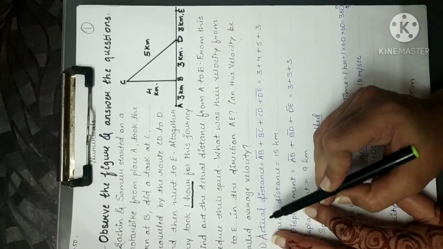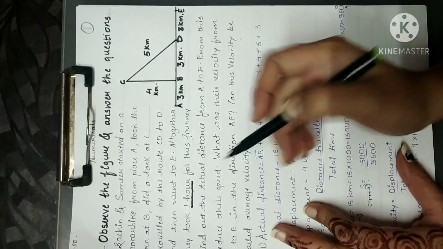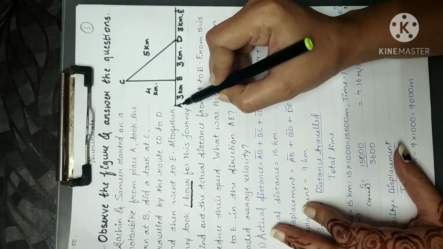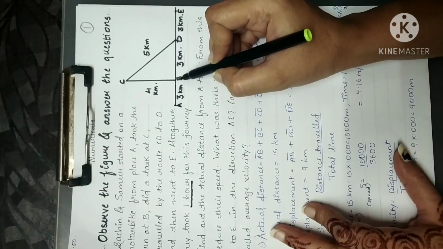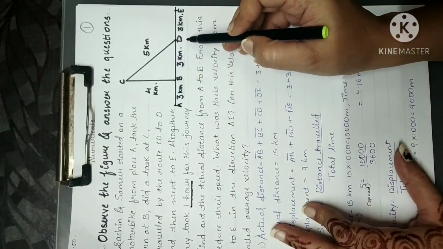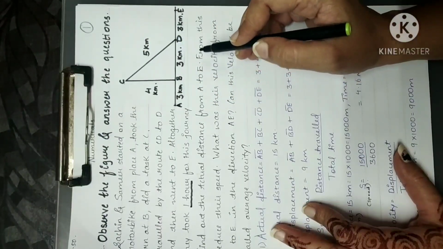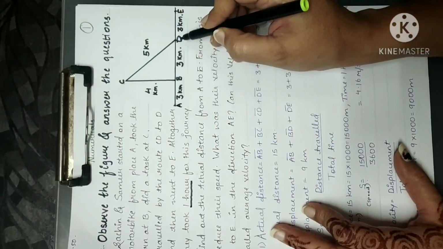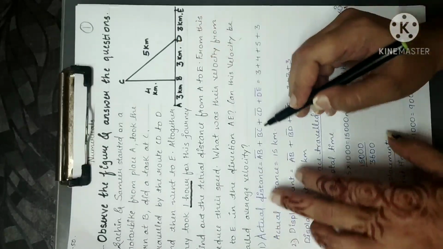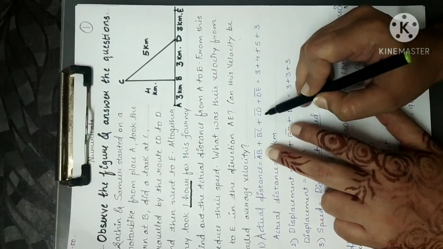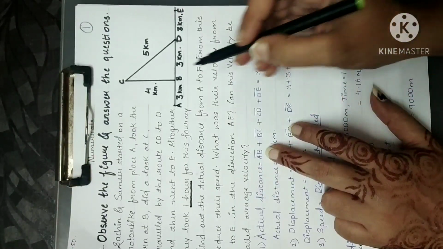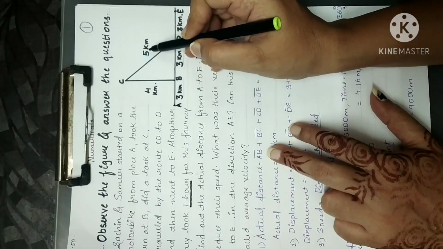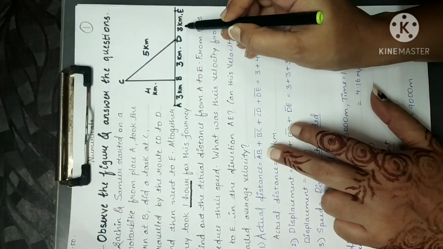See, first, actual distance. Sachin and Samir traveled from A to B, then B to C, then C to D, and then DE. So, actual distance is equal to AB plus BC plus CD plus DE, which is 3 kilometer plus 4 kilometer plus 5 kilometer plus 3 kilometer.